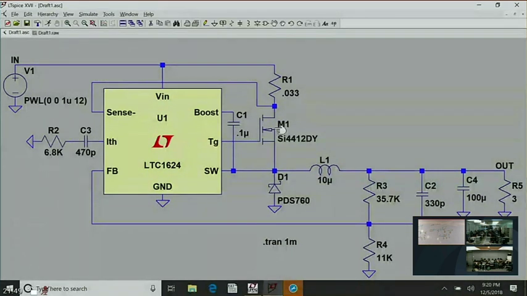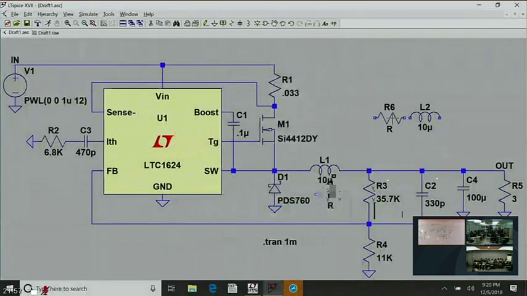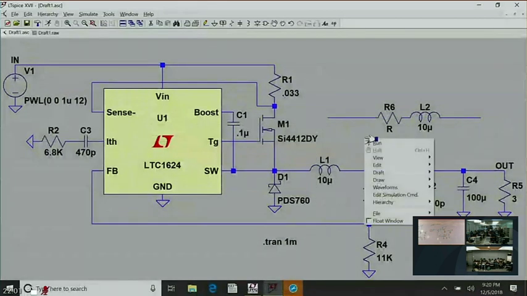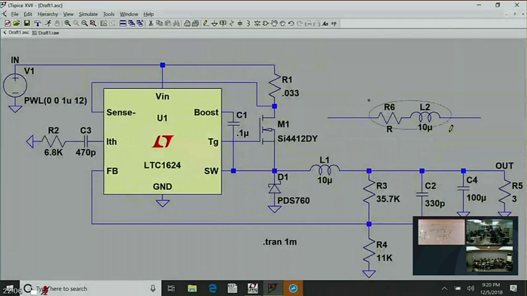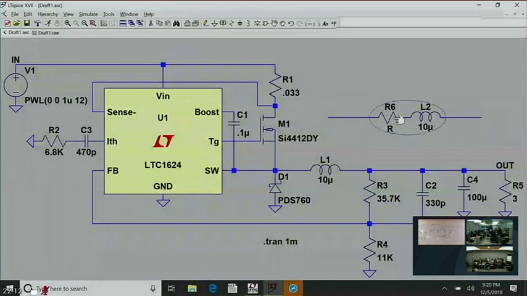And yet other controllers can use the inductor as the current sense element. See, the inductor actually has ESR. So an equivalent circuit of the inductor would look more like this. The equivalent circuit of this inductor is better described as an inductor with an ESR. This is unavoidable.